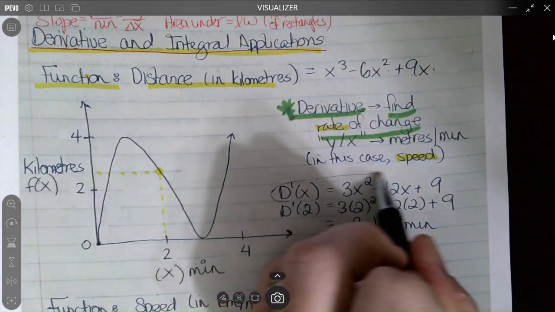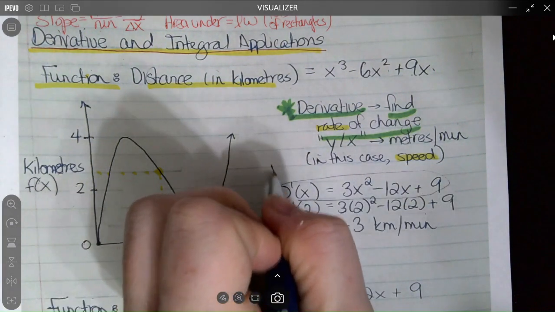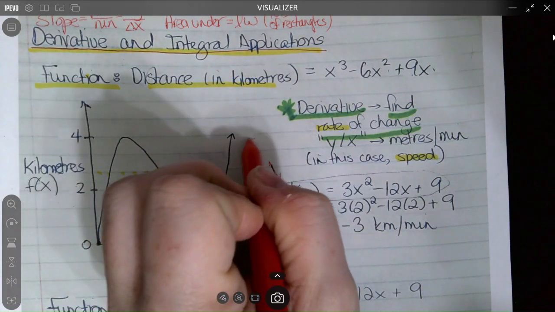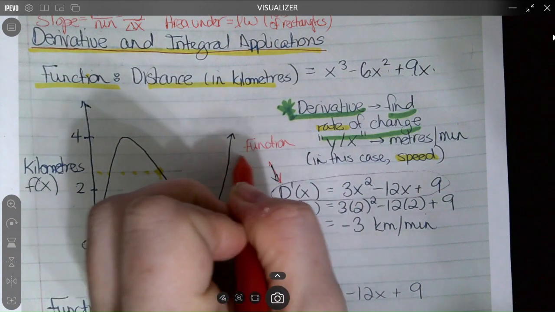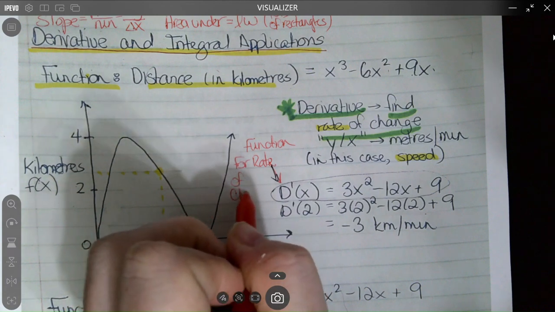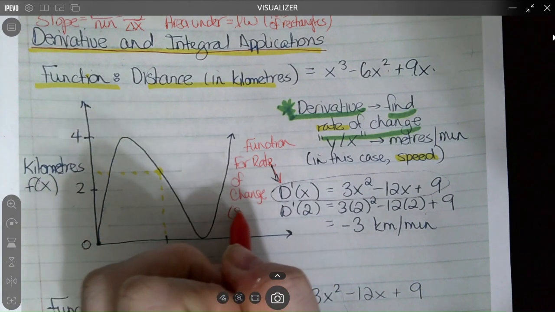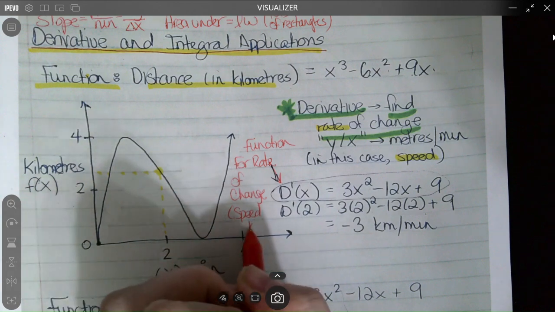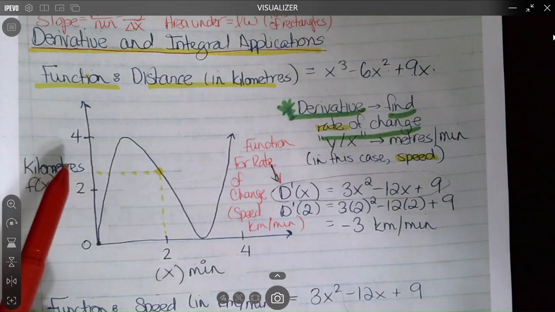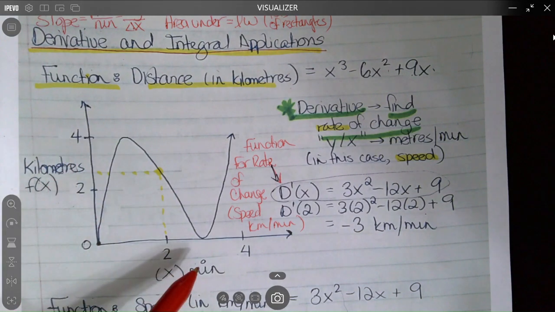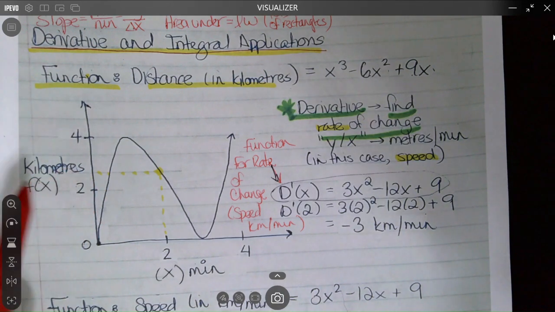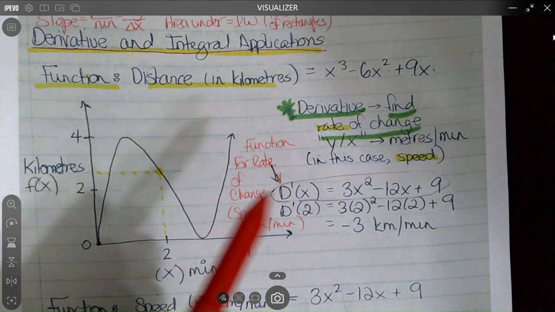This is the function for rate of change now, or speed, kilometers per minute. So when someone does the derivative, what they're asking for is, hey, I want a function that finds this over this. It's a rate of change. It's how something is changing as opposed to how it's starting off originally as kilometers, in this case, distance.